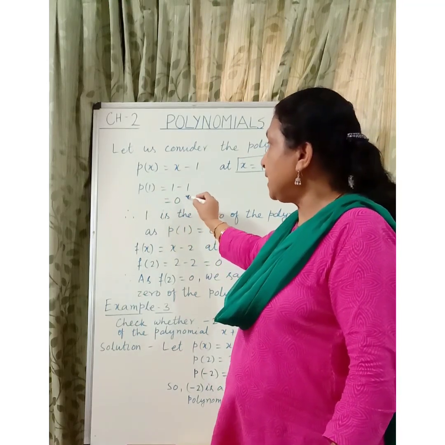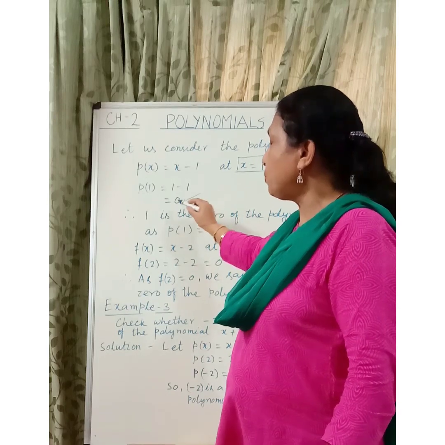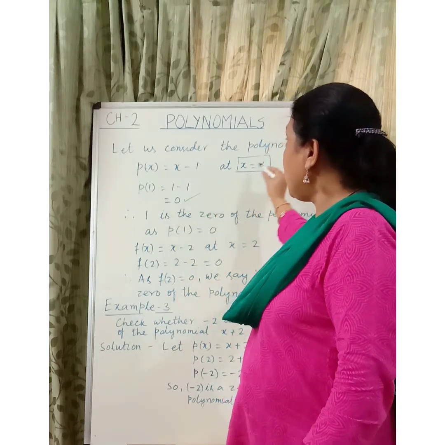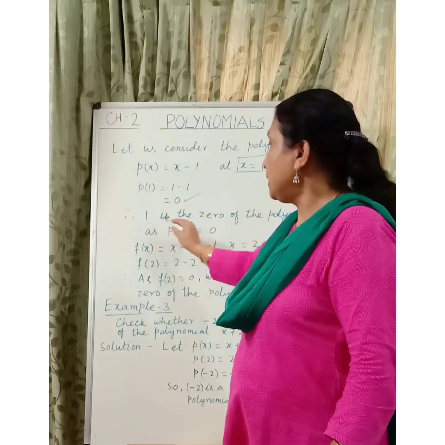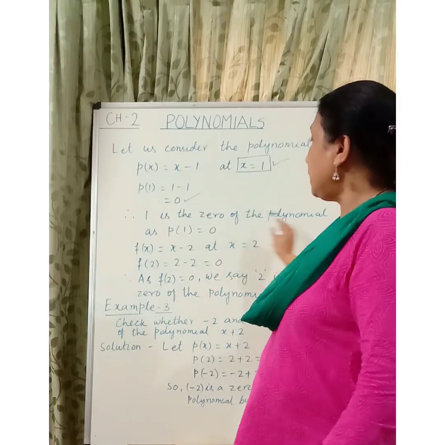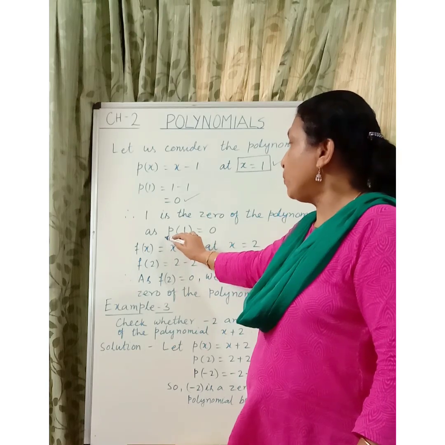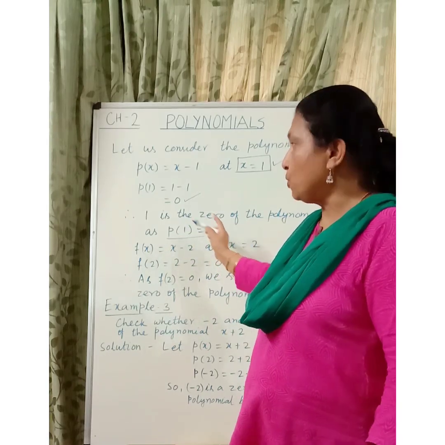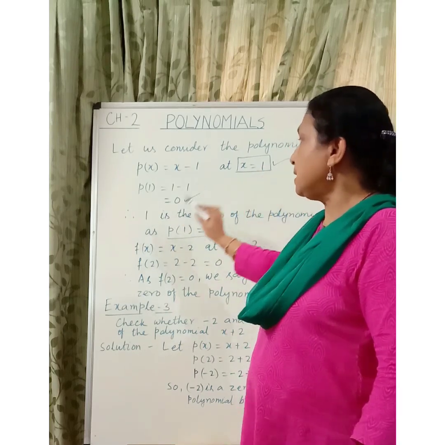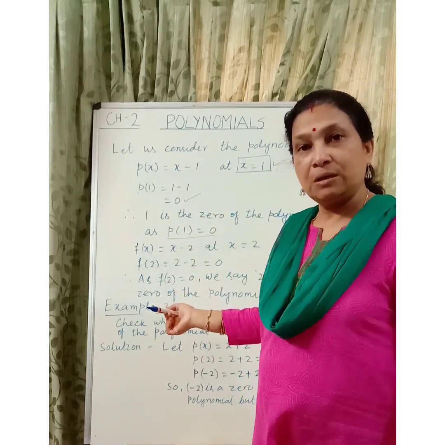So what value are we getting here? We are getting the value of the polynomial is 0 for x is equal to 1. So we say 1 is the 0 of the polynomial as p of 1 is equal to 0. So we are saying 1 is the 0 of the polynomial.